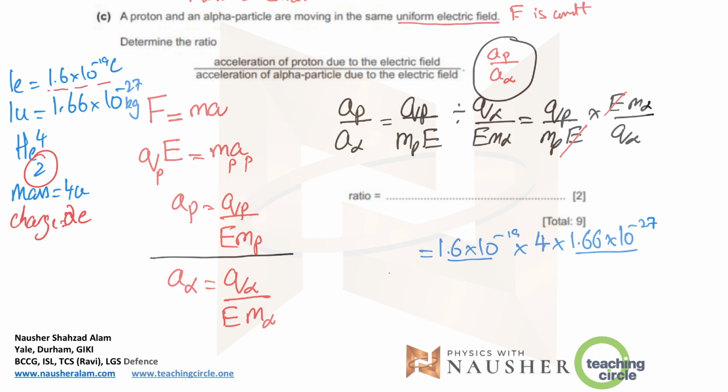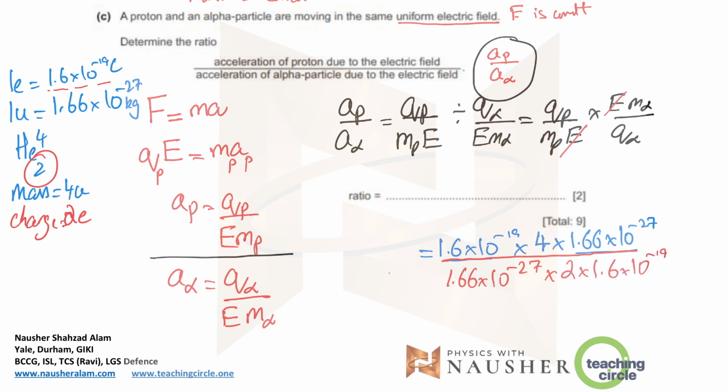So let's go back. Instead of QP, I just put the charge of a proton. Mass of alpha, that was 4U. 4 was the mass number into unified mass constant. So I get this whole thing divided by MP, the mass of a proton, which is 1.66 into 10 raised to the power minus 27, into the charge of alpha. The charge of alpha is 2 times E, which is 2 times 1.6 into 10 raised to the power minus 19.